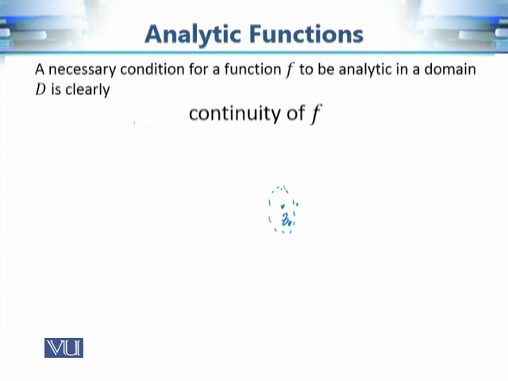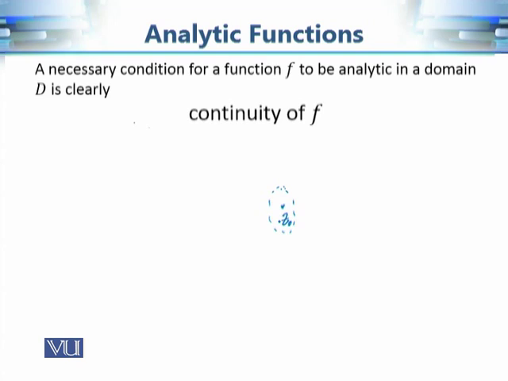So if it is differentiable at each and every point in that epsilon neighborhood, then it must also be continuous in that epsilon neighborhood. So we can say that continuity in some epsilon neighborhood of z0 is a necessary condition.